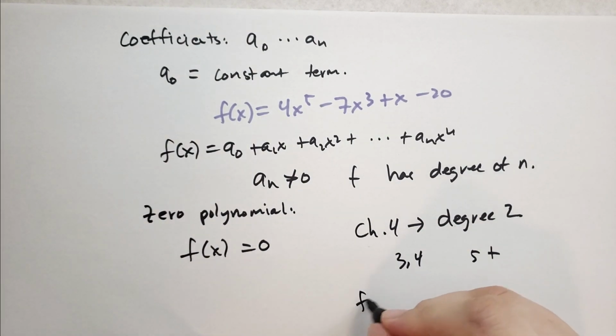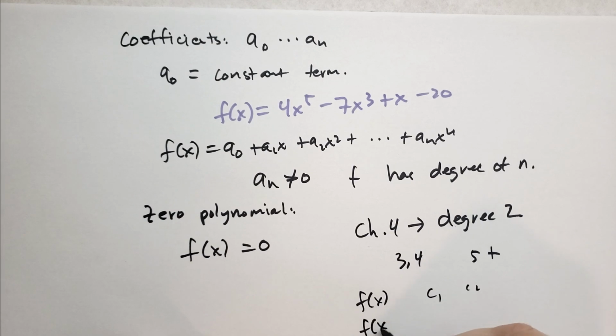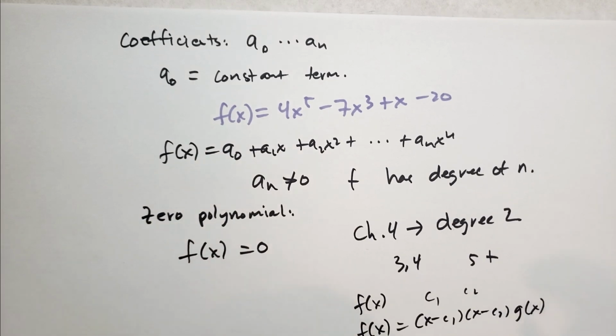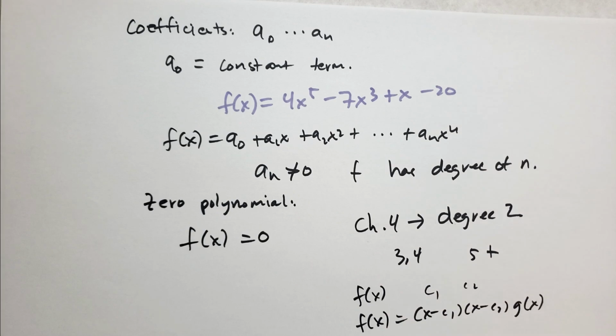If you have an f of x which is degree 4 and they say that it has roots c1 and c2, then you can just rewrite this as x minus c1 times x minus c2 times some other polynomial that will have degree 2. That's typically what you can do on the standardized tests if you need to, which typically you don't. They don't actually get that deep into this area usually.